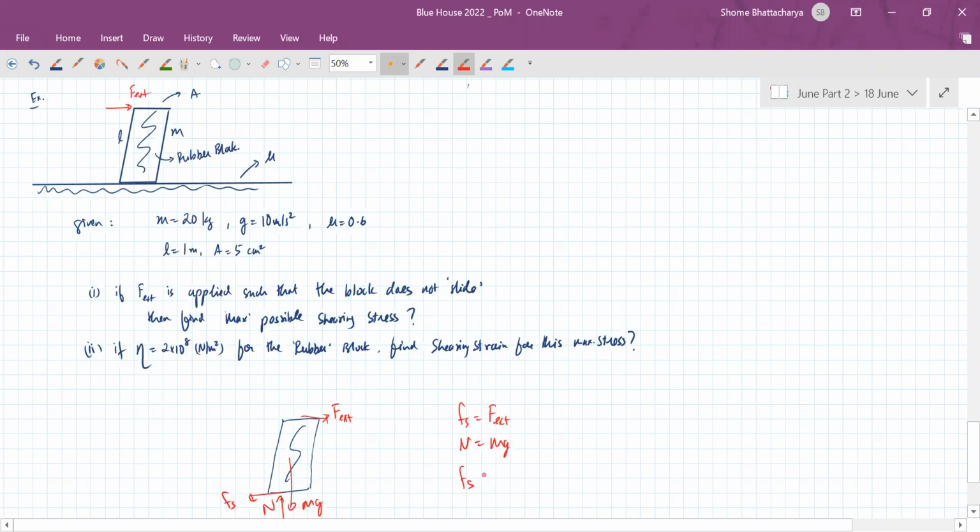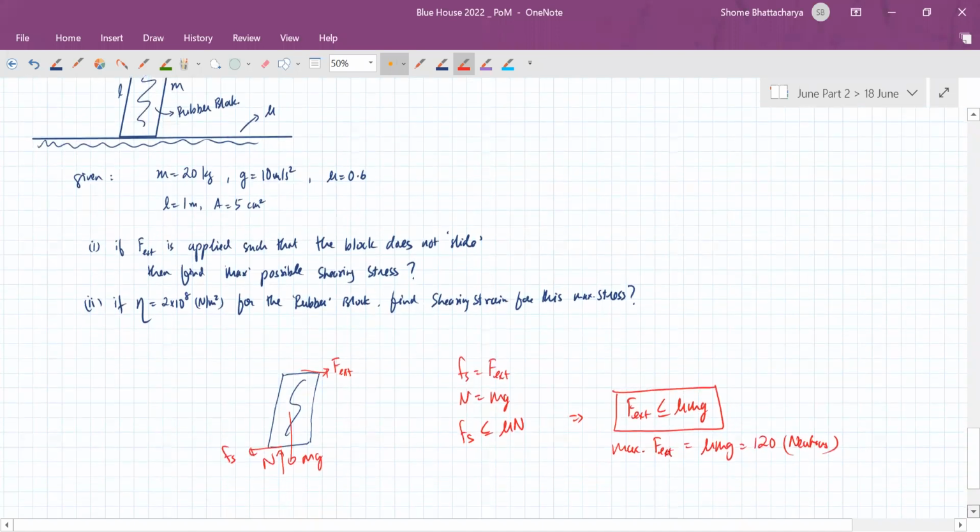And the maximum value of static friction is mu N. So the external force should not exceed mu mg. So the maximum external force is equal to, in this case, 0.6 into 200, so 120 newtons.